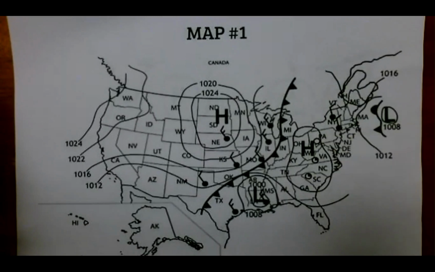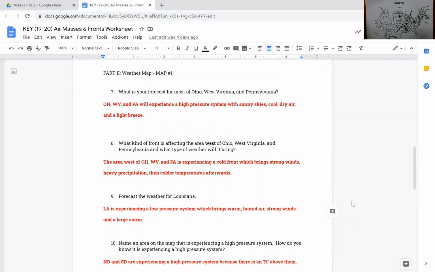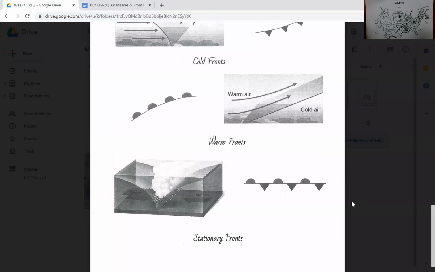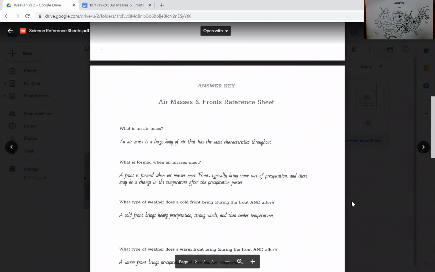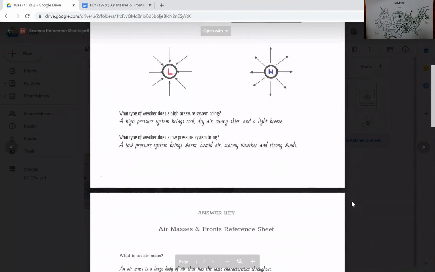So remember, when we're making our forecast, we always want to look back at our reference sheet just to make sure everything is good to go. All right, so if we look for the H that's on this one, an H, we know, is high pressure.